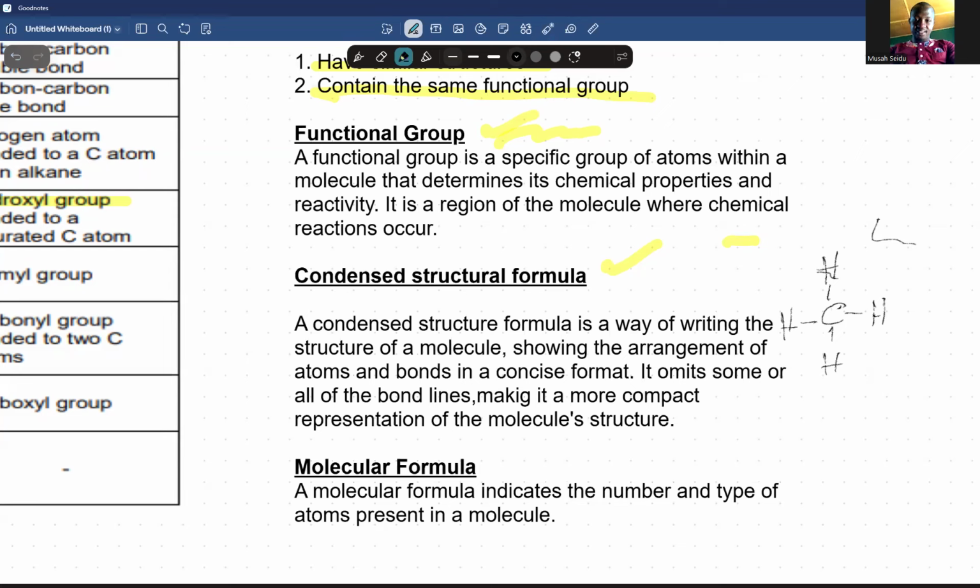However, we also learned that this can be represented by this. So this is what we mean by the condensed structural formula.